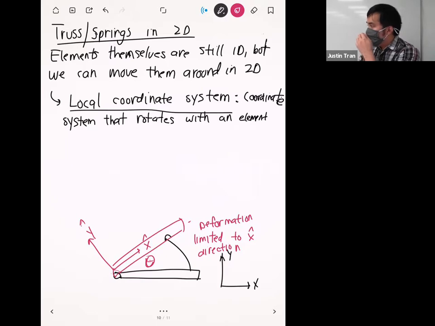And that's going to be really convenient because, if we have our element system localized to the element like that, we can actually use the exact same truss element stiffness matrix we've been using before, except that instead of doing it in classical just X and Y by itself, it's going to be between the X hat and the Y hat direction. And that's going to be really key.